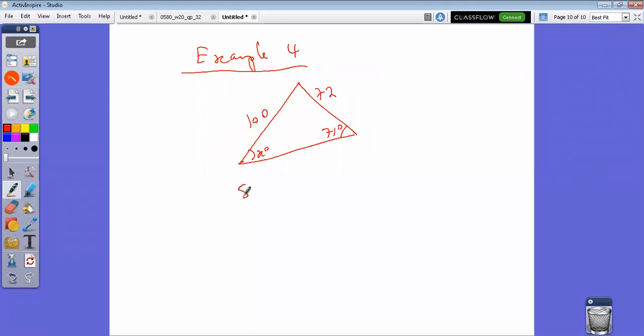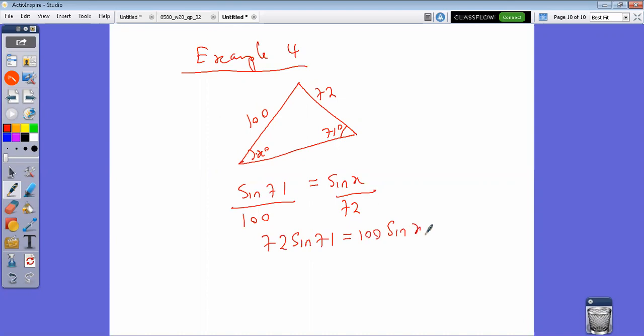So let's apply what you've learned. Sine 71 over the side opposite, 100, is equal to sine, it's always sine of an angle, x over its opposite, 72. Cross multiply: 72 sine 71 is equal to 100 sine x. Then divide both sides by 100.